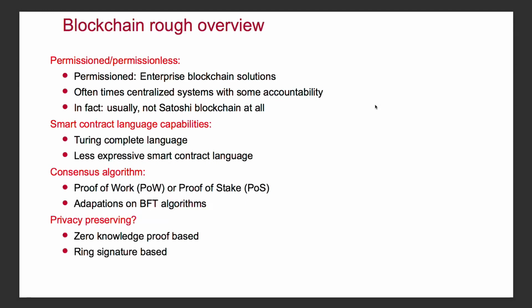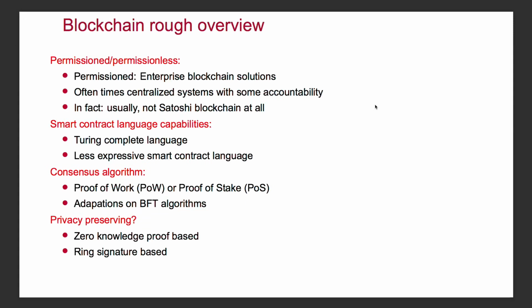A permissioned one is typically aimed to be deployed inside banks or financial institutions, and all nodes authenticate each other. Oftentimes this is actually a centralized system where there is one central authority with some accountability to its clients. So this is usually not a Satoshi blockchain. There is no proof of work, and there is not the degree of decentralization there is in a Satoshi blockchain.